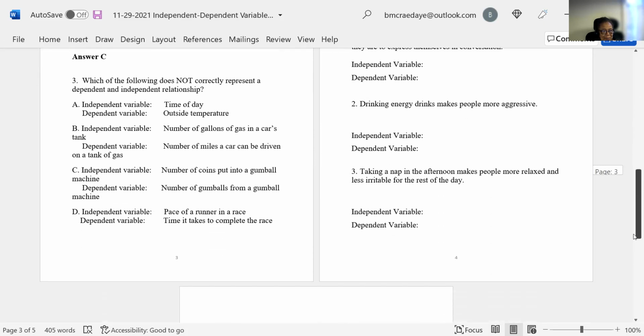Now, the next one, I give you some independent and dependent relationships. So I give you time to read these and tell me which one does not represent a dependent and independent relationship. So take your time, read it, and then tell me which one of these, A, B, C, or D, does not represent a dependent and independent relationship.